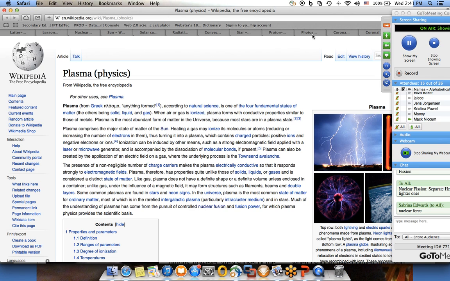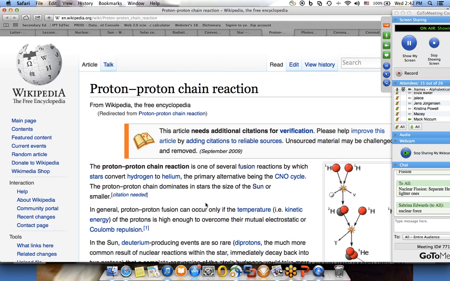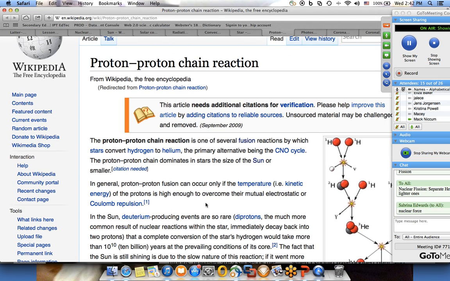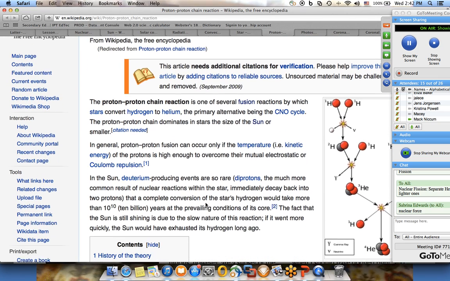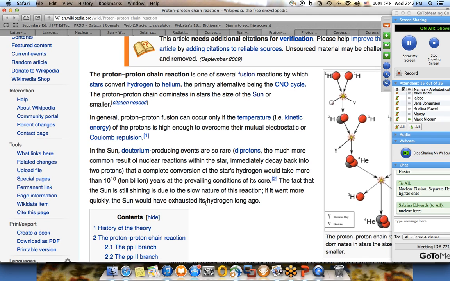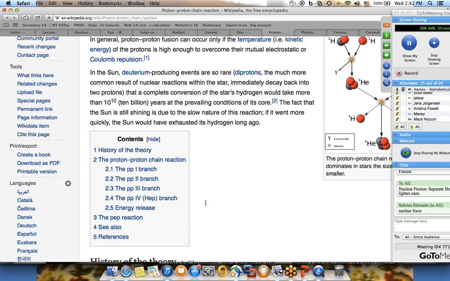So let me see, here is an article called the proton-proton chain reaction that explains exactly this same reaction.